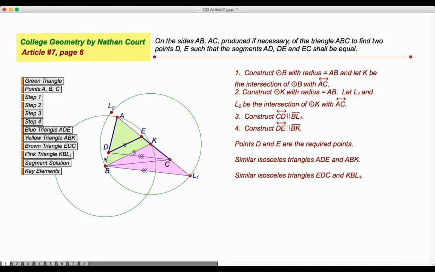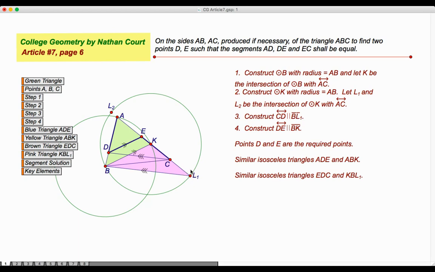But the problem is B is not the same thing as D. But definitely it satisfies the fact that it has to be on this portion of the triangle and this portion of the triangle. Okay? So, well, I can do a backward method.